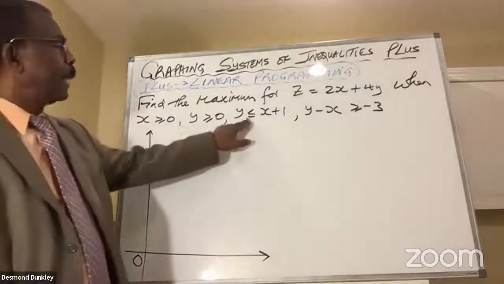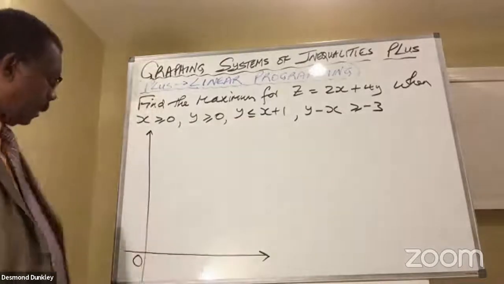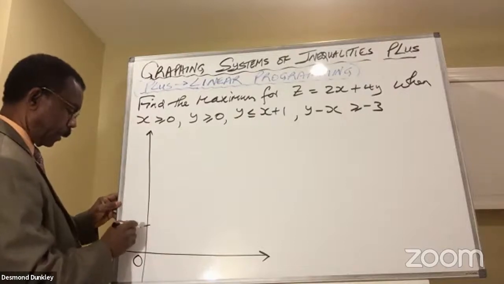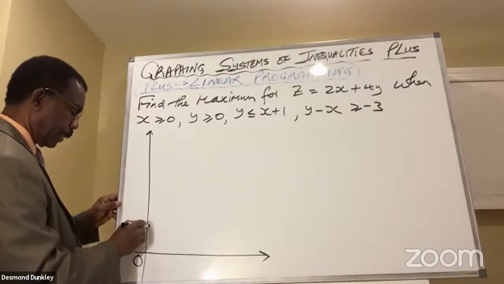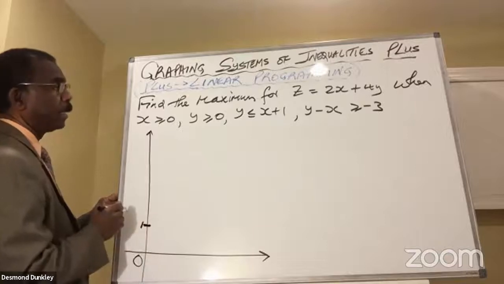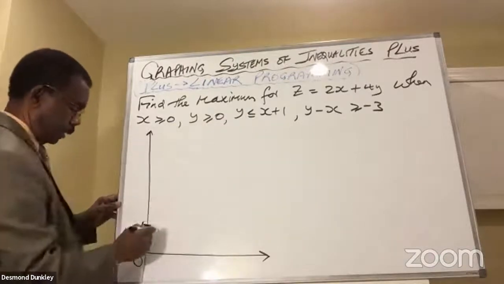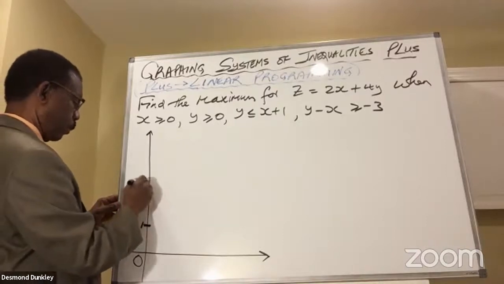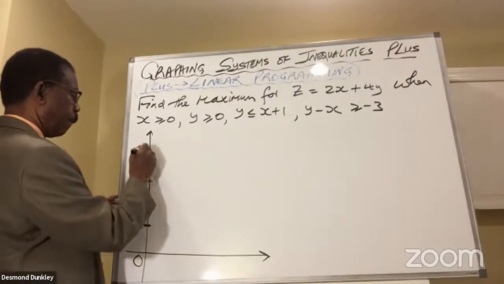Okay, so y is less than or equal to x plus 1. So your y-intercept is 1, your slope is 1. So this is 1, 2, 3, 4, 5.